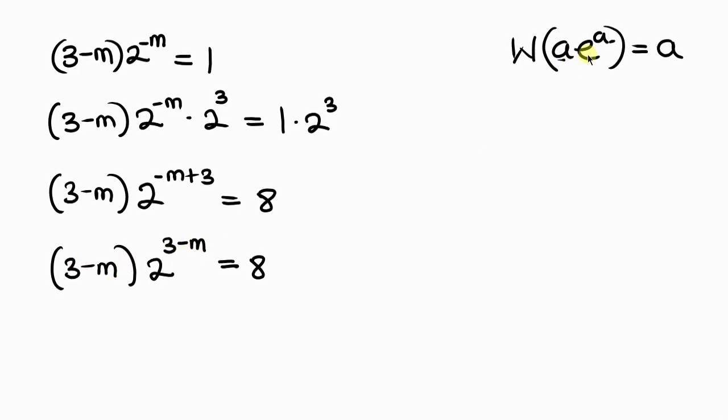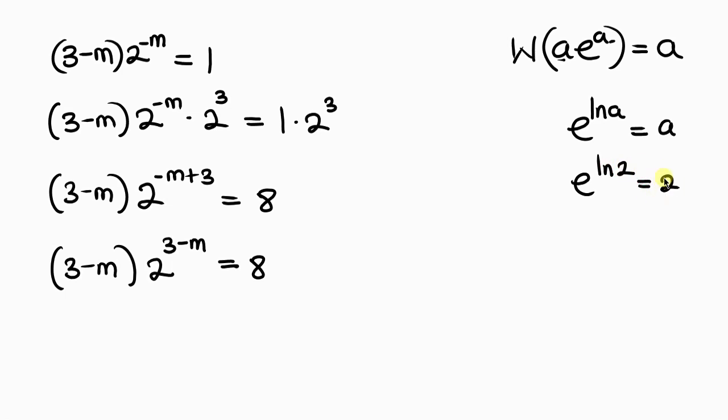Now the only thing missing is this e. Now we want to replace this 2 with e. And how do I do that? There is a property that says that if I have e to the ln a, for example, the result will be this a here. That means if I have e to the ln 2, because I'm interested in 2, the result will be 2.